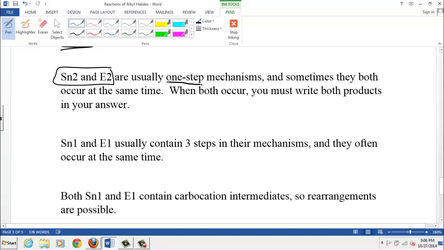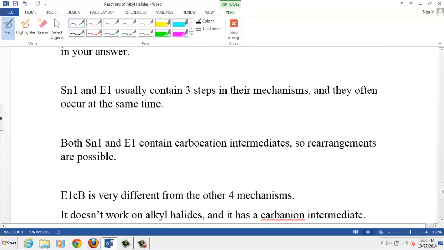Nice and sweet. And then the other thing we have to keep in mind is that the 2s often occur at the same time. Sometimes. And then when they occur, well, we're going to have to give products for both of those mechanisms. And then the 1s, SN1 and the E1, have usually 3 steps in their mechanisms.